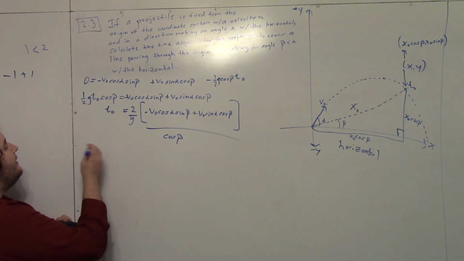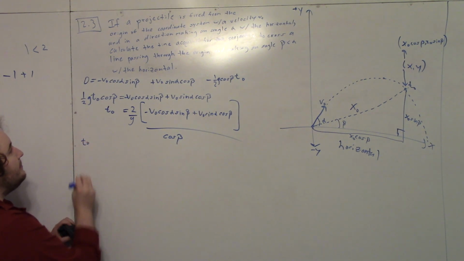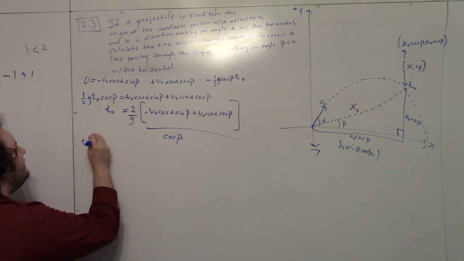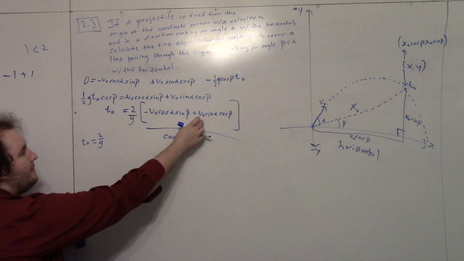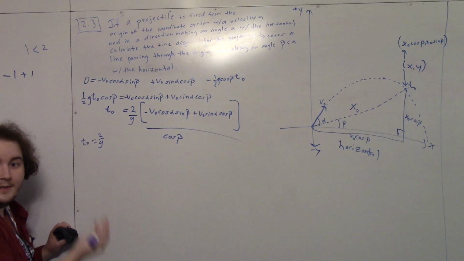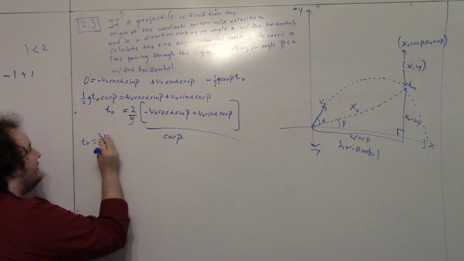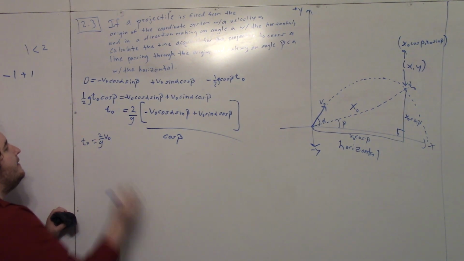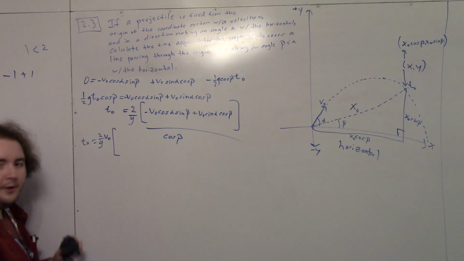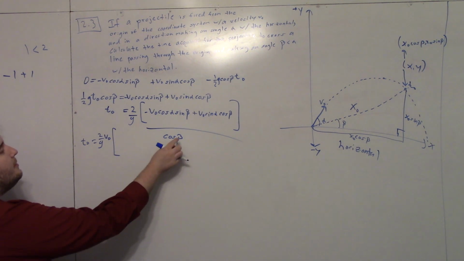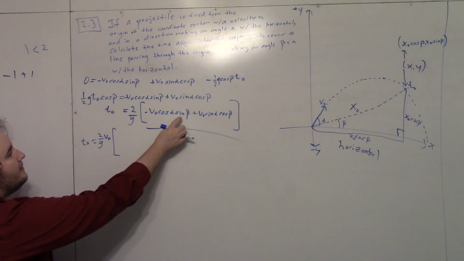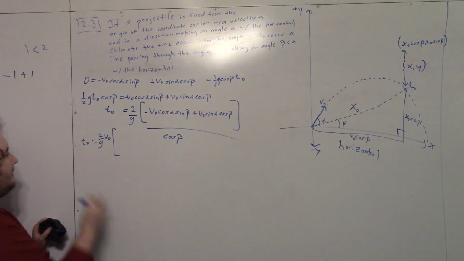Take a knee. Hey, look, there's a V naught in each of these. Let's factor it out and take it outside. On the inside, sine beta divided by cosine beta.